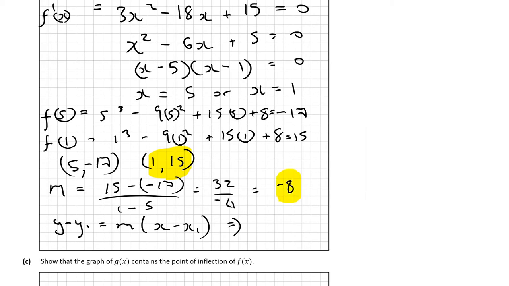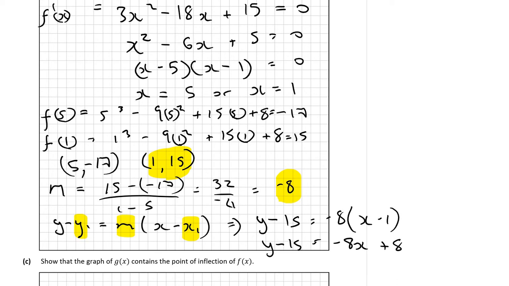We've got our slope, so we're just going to substitute that in for those values, and we end up with y minus y1, which is 15, is equal to minus 8 times x minus 1. And when we plug that in, y minus 15 is equal to minus 8x plus 8. Bring those over, and the equation becomes 8x plus y minus 23 is equal to 0. So that's the function g of x.